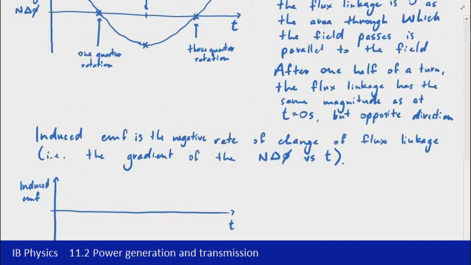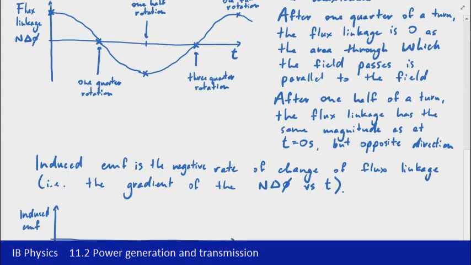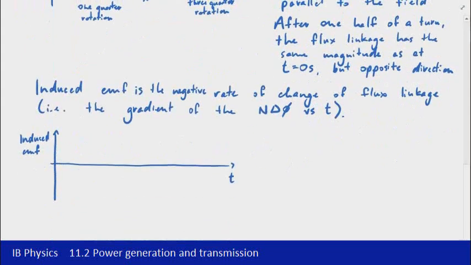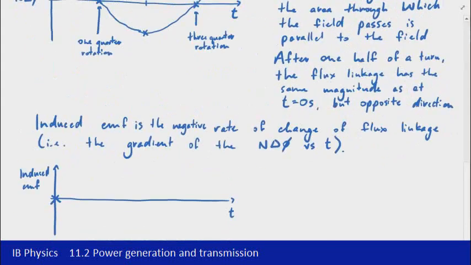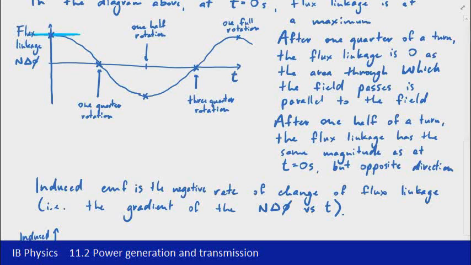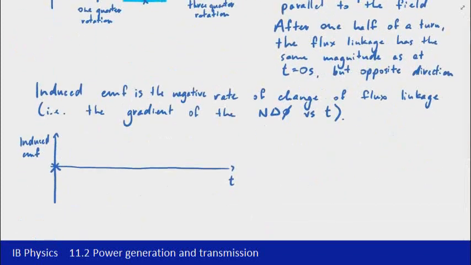And if we now look at what's happening in the graph up here, we can see that initially we've got a gradient of 0, so that means initially our induced EMF is going to be 0. If we go to 1/2 rotation, we can see again that it's 0 there, and then again at 1 full rotation the gradient's 0. So we can then come back down here and say that at 1/2 rotation and at 1 full rotation, the EMF will be 0.